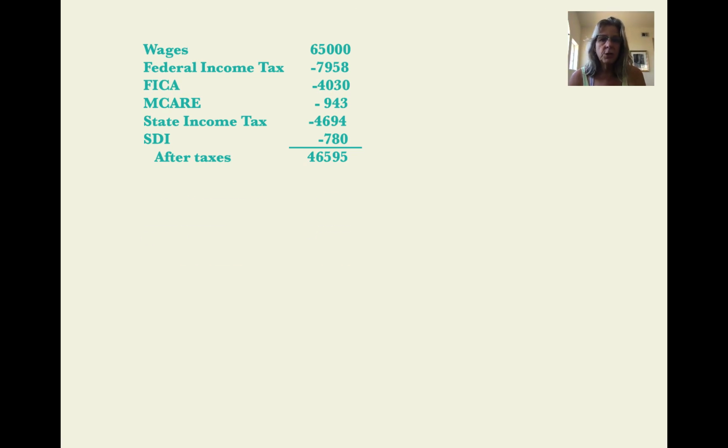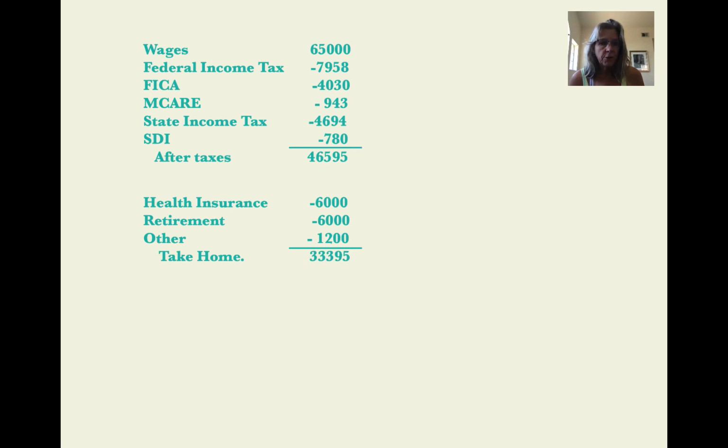We have other deductions. In this case, I'm assuming that we have health insurance of $500 a month that we have to pay, and retirement contributions of $500 a month. Those are both $6,000 a year. And then we have other things, whether it's parking, vision insurance, or life insurance that we might include.